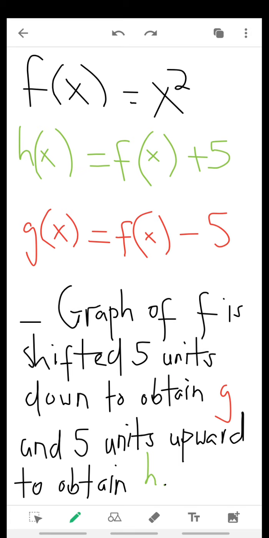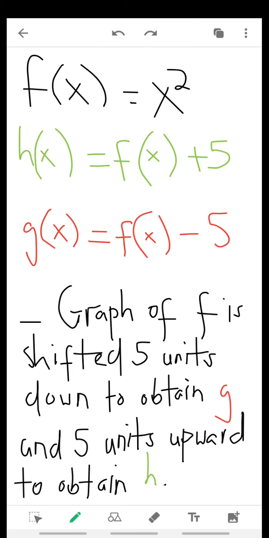Okay, so if then my h of x was obtained from f by shifting f 5 units upwards, then it means we're going to add 5 units to the function f. So h of x will be equals to x squared plus 5. All right, then the plus 5 means 5 units upwards.